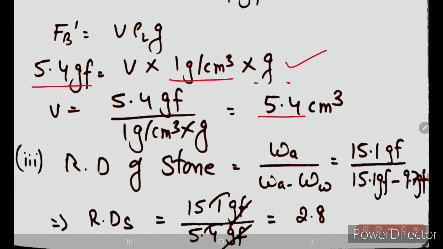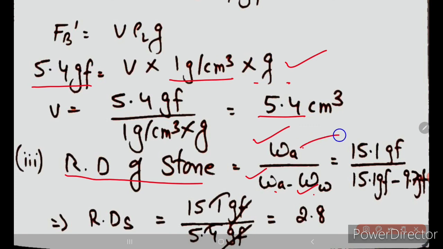This is number 2. Coming to the third one, we are supposed to find the relative density of stone, which is weight of the solid in air divided by weight of the solid in air minus weight of the solid in water. Here instead of W1, W2, I am using these notations.